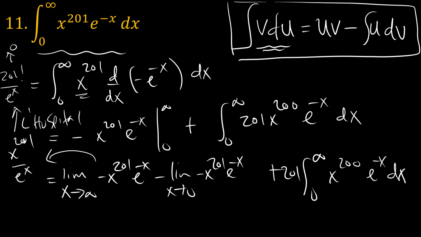So in other words, this guy tends to 0. And this also, because this tends to 1 and this tends to 0, so this also tends to 0.